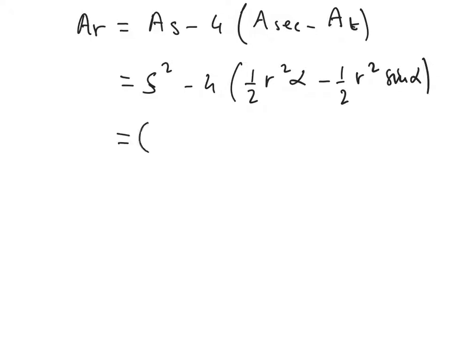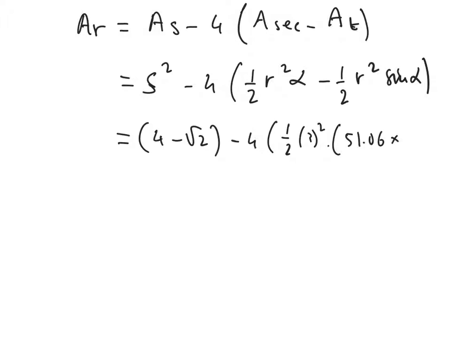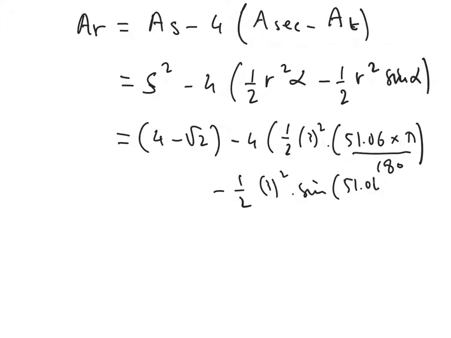We put the values in. Now here we have (4 minus square root 2) squared minus 4 times: half, r is equal to 3, squared, alpha 51.06 converted into radians, minus 1/2, r is 3 again, 3 squared, and then sine alpha, 51.06 in degrees.